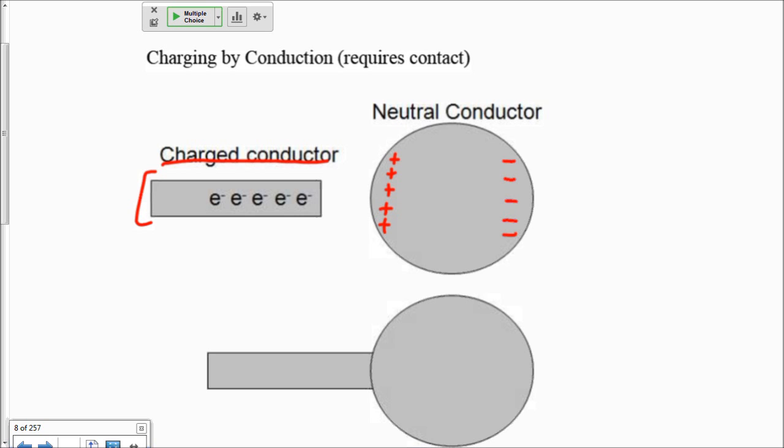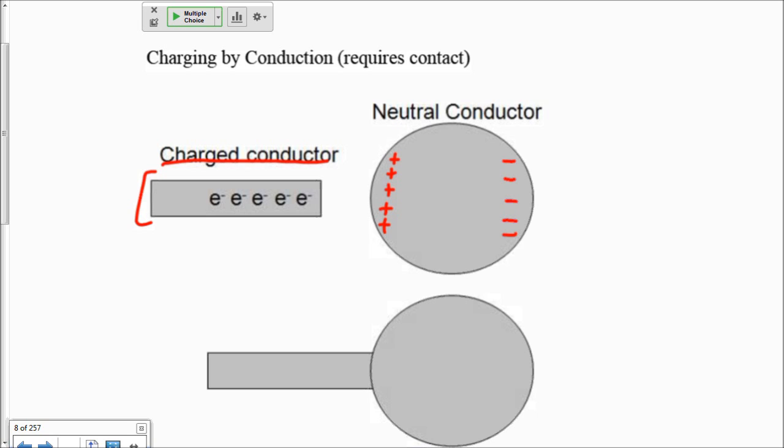And then this is just a plastic rod. If I rub this wool sock onto the plastic rod, what will happen to the charge on it? Right, I'll get negative charge. This is like rubbing my feet on the carpet, and I'll get an excess of charge. It doesn't really matter if it's negative or positive, but we'll say that it's negative.